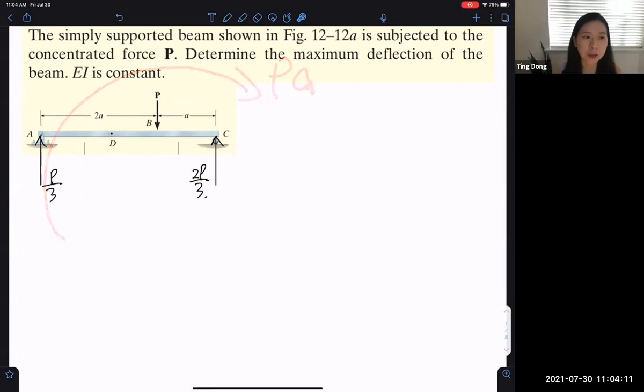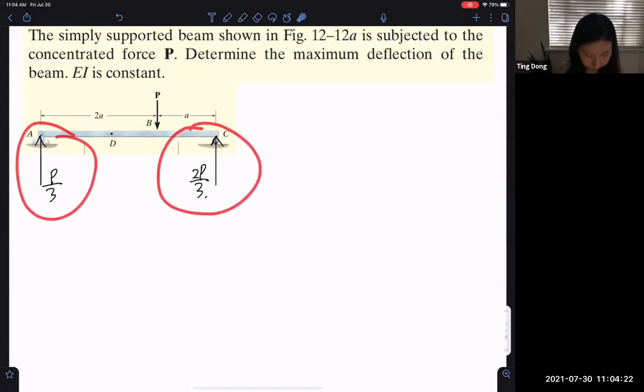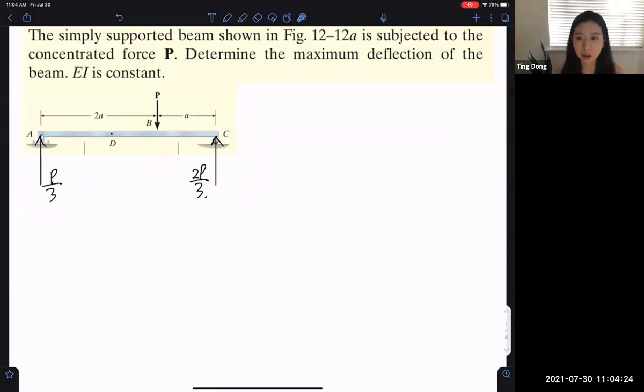The force in the y direction is in equilibrium and the moment is in equilibrium, so we can say these are correct, right? Of course, if you are not sure during the exam, calculate it.